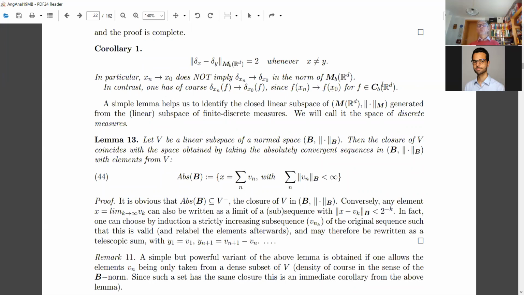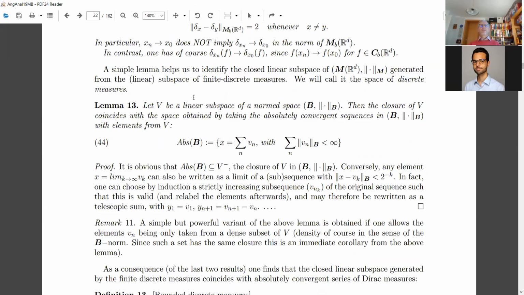Now the bounded continuous functions are continuous anywhere, so for any sequence of convergent points you have this relationship, whereas if the points are distinct from the limit point, the distance is not going to 0. So this will be a first glimpse into the situation of convergence of discrete measures.